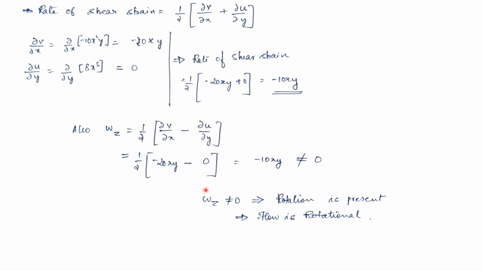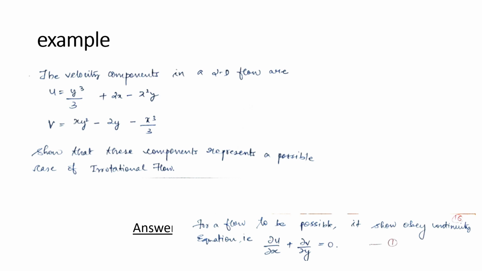That is important. If wz is not equal to 0, the flow is said to be a rotational flow. That means when we get a value for wz, a rotational component value, it clearly shows the flow is a rotational flow.